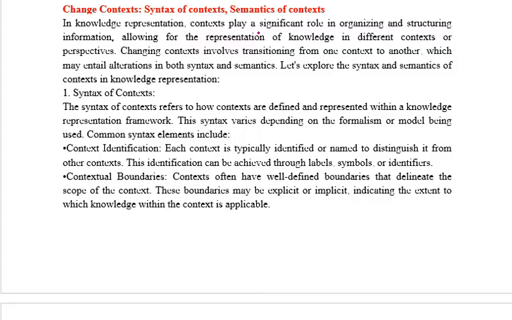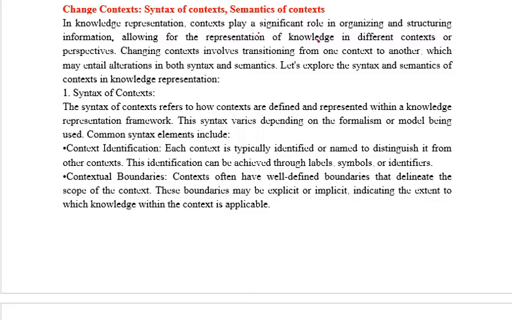The information which is there, we have to arrange in a structured and organized way, allowing for the representation of knowledge in different contexts or perspectives. We have to represent the information which we have organized in different contexts. What is knowledge? It's like information. We have to represent the information in different contexts.